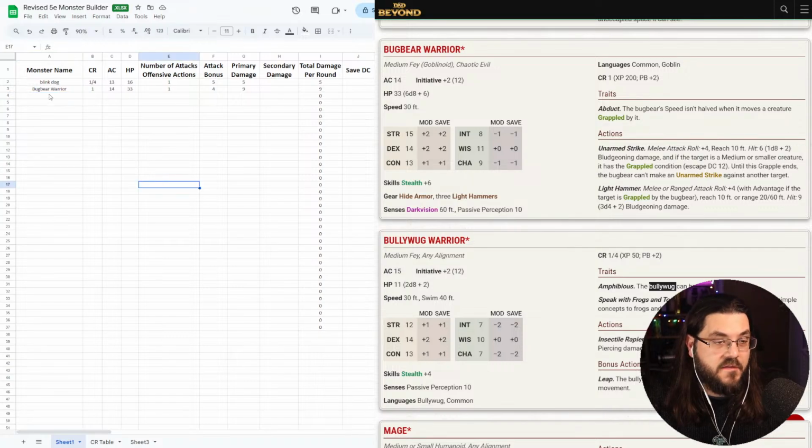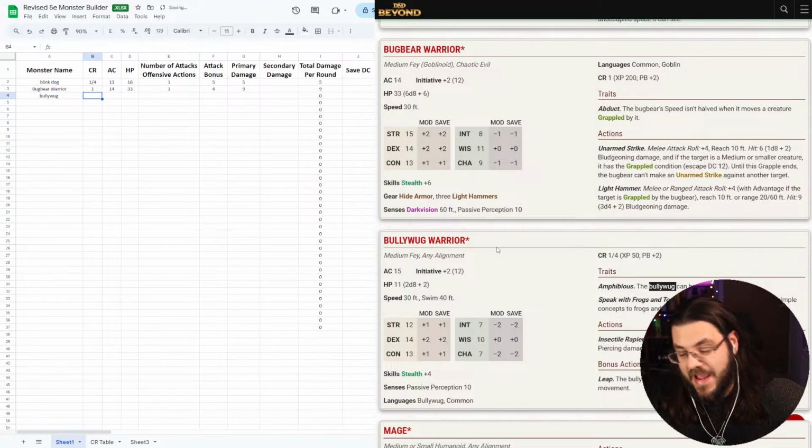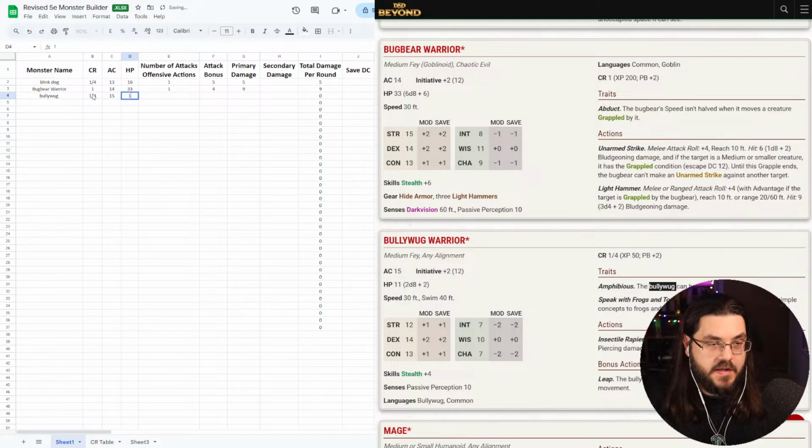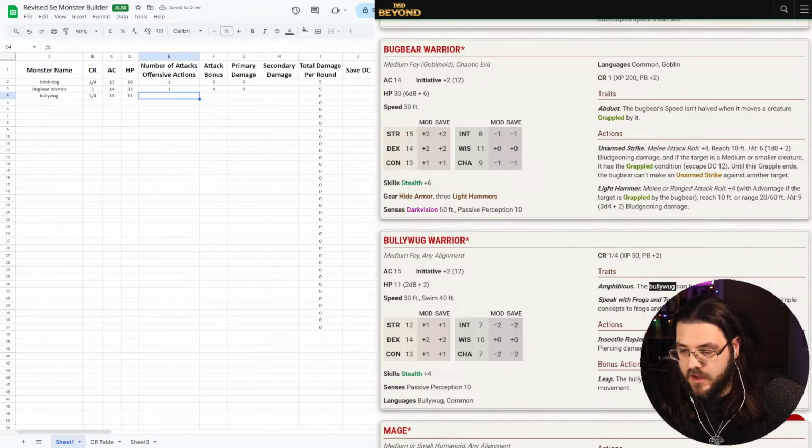We're gonna copy from there because I don't want to have to type the name of all of these things every single time, because that just seems like a chore. Right, so Bullywug Warrior. Again, lots of just single attacks.